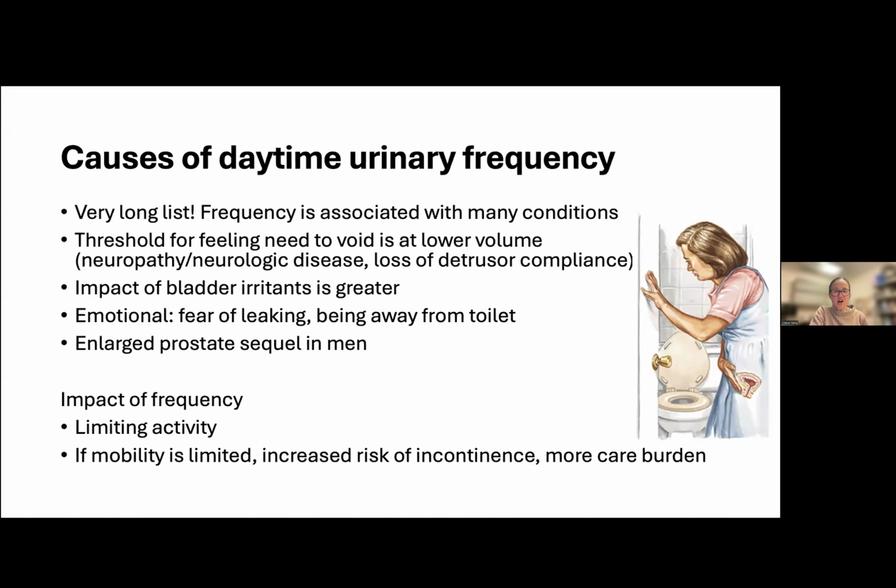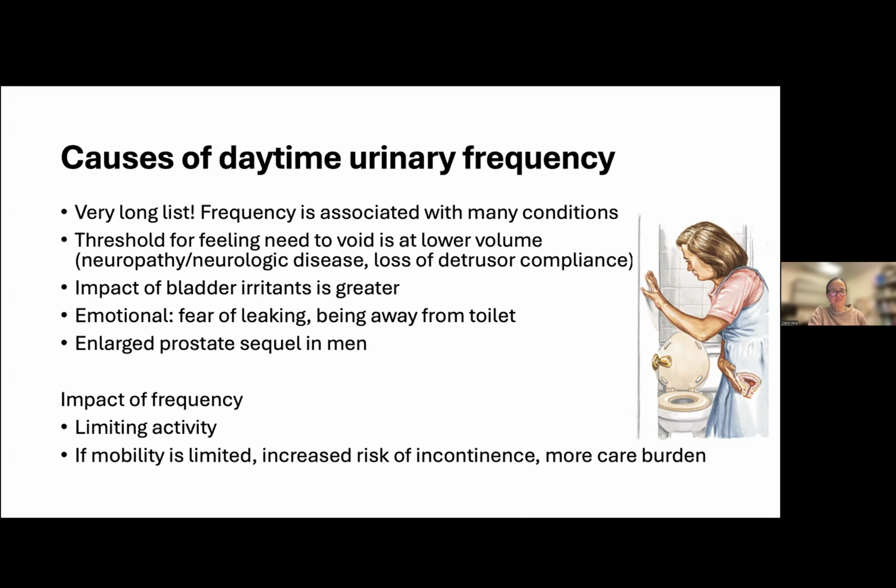There is a very long list of things associated with urinary frequency, many conditions. And as I was just saying, the threshold for feeling the need to void is at a lower volume in older adults. And that can be due to neuropathy, loss of detrusor compliance or bladder compliance. In the older adult, there is also the impact of bladder irritants.